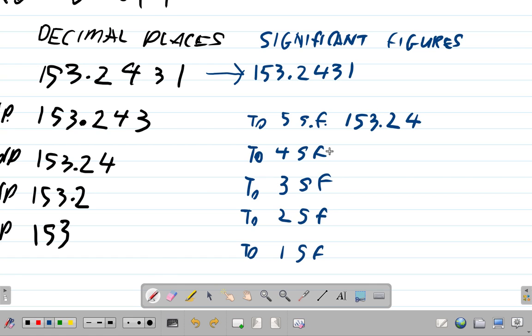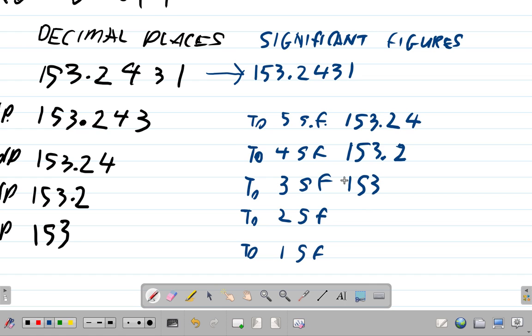So to 4 significant figures, this is 153.2. So we have 4 significant figures here. 1, 2, 3, 4. Alright. So 3 significant figures. It is just 153. That is to 3 significant figures.